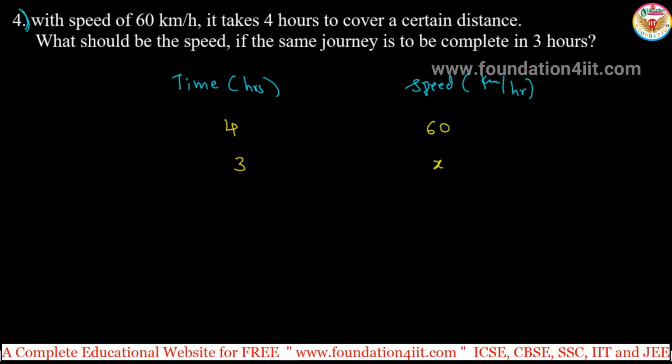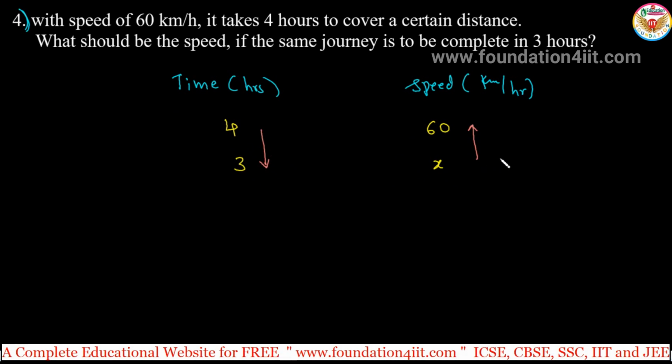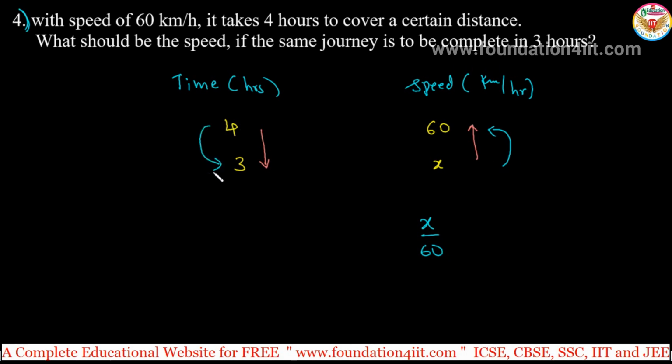So this is inverse variation. 4 to 3 is a decrease, so the speed must increase. One value decreases, one value increases. That means reverse division. If I take x divided by 60, it must be 4 divided by 3. Remember this. Upside down: if you take 4 by 3, this must be x by 60.